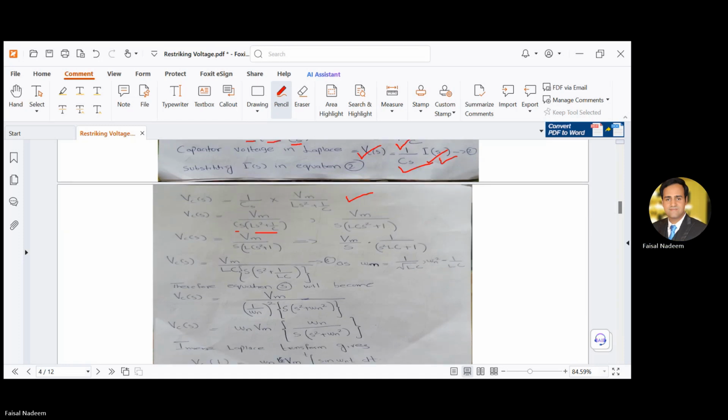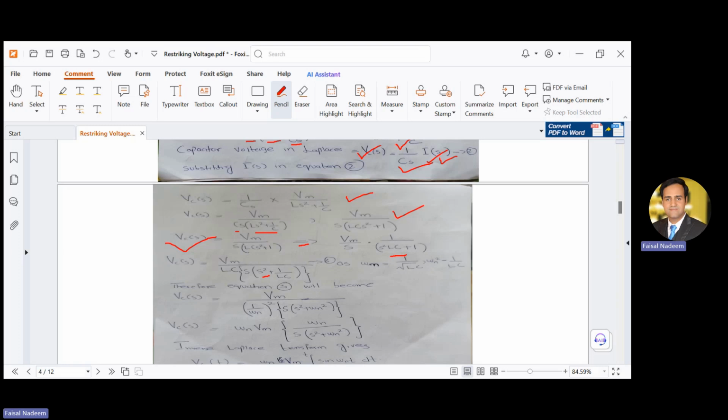Again, this corresponds to Vm over S times 1 over LC S square plus 1. Now we take LC common, and inside the brackets we are left with S square plus 1 over LC.